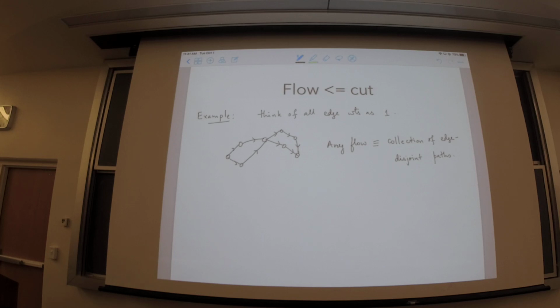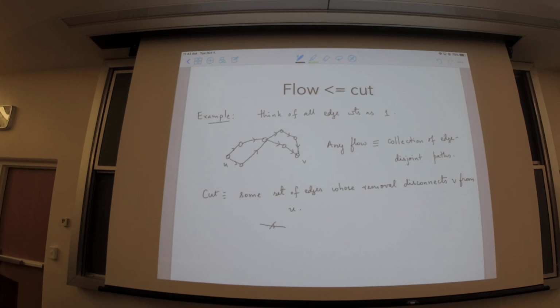And now a cut, as before, is simply a subset of edges whose removal disconnects U from V. So in the graph, it is some set of edges.